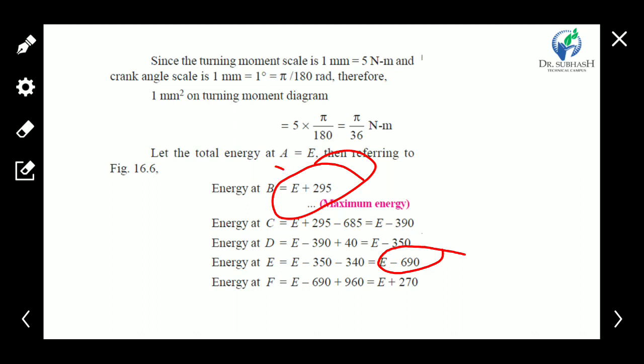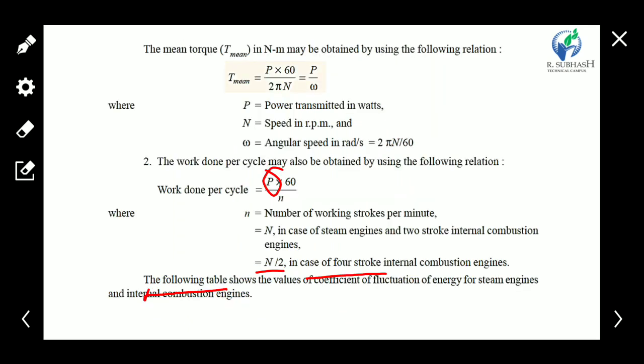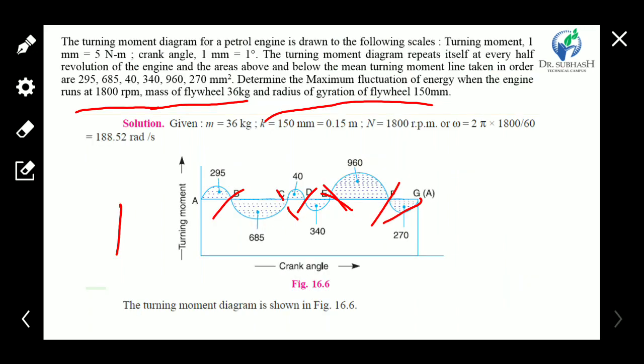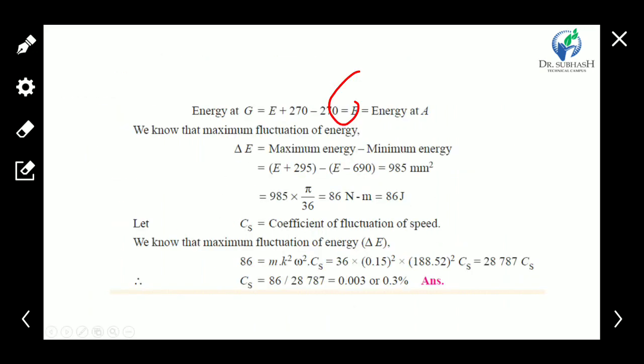So maximum energy is at point B and minimum energy is at point E. From the difference, E is cancelled and we get delta E, the fluctuation of energy, in mm square.